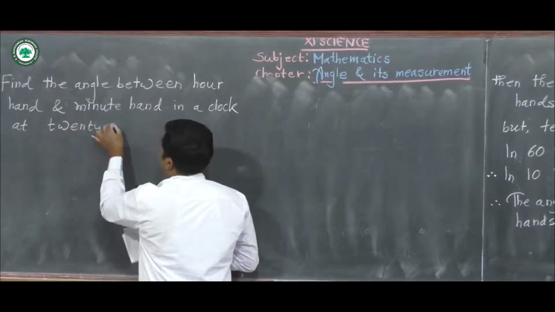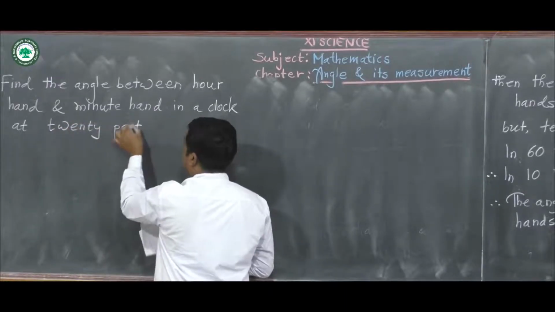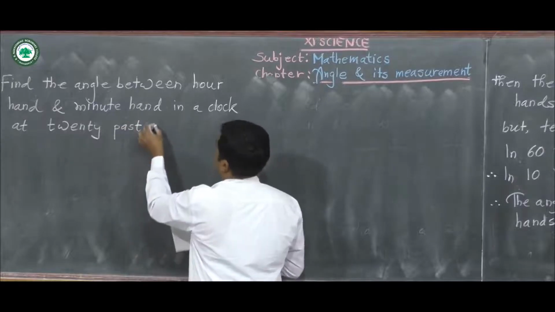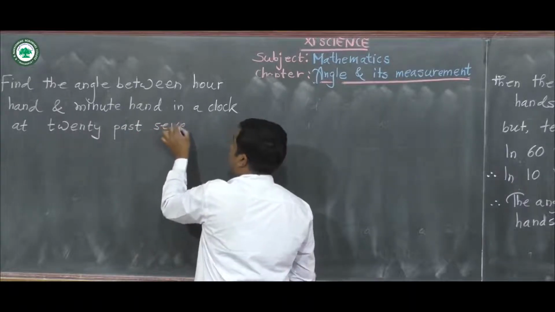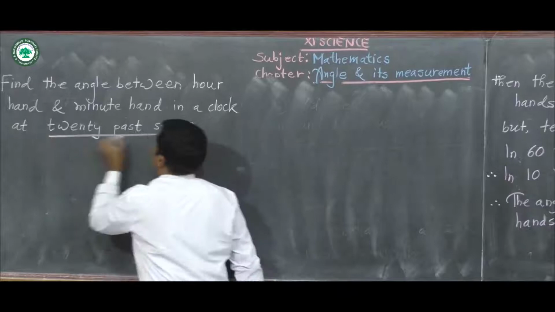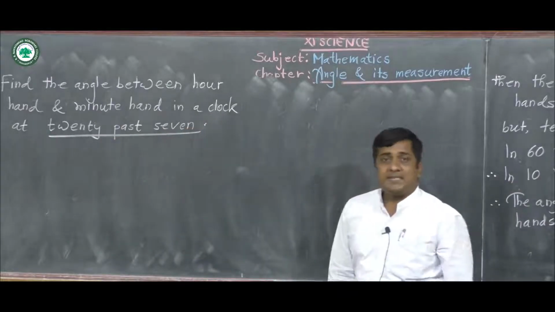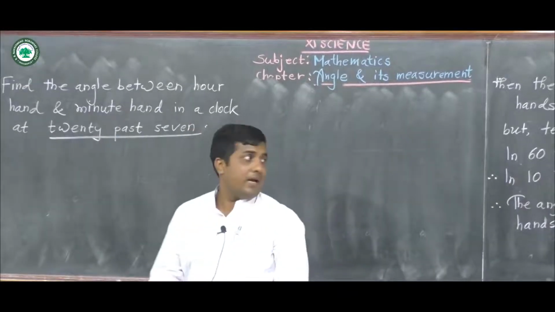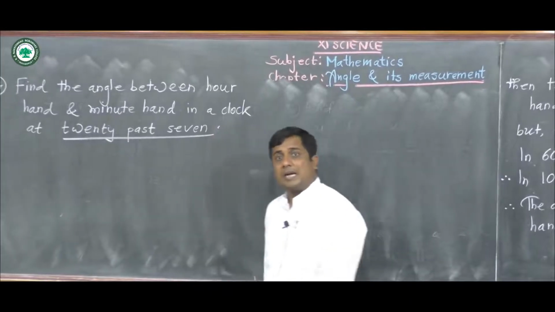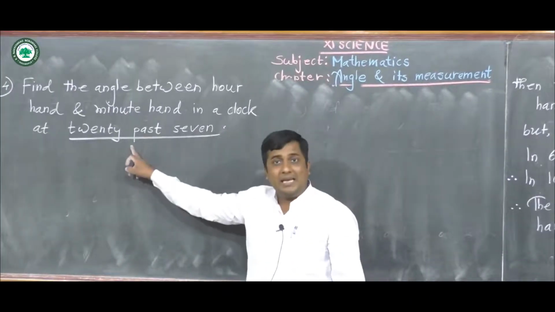So your time is given as 20 past 7. That is, the given time is 7:20.